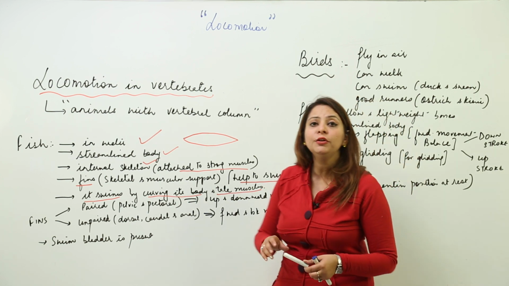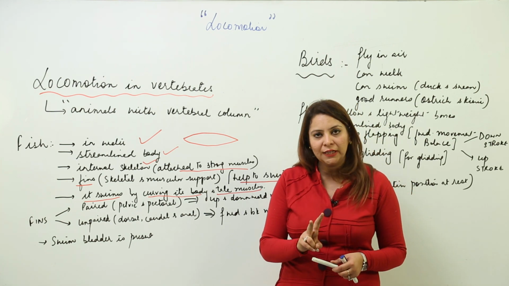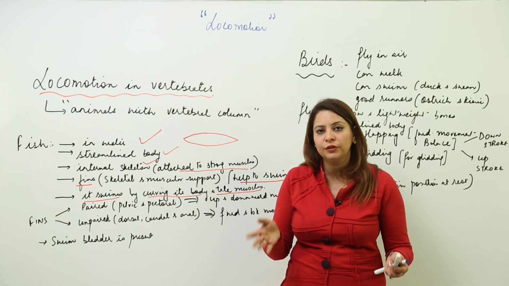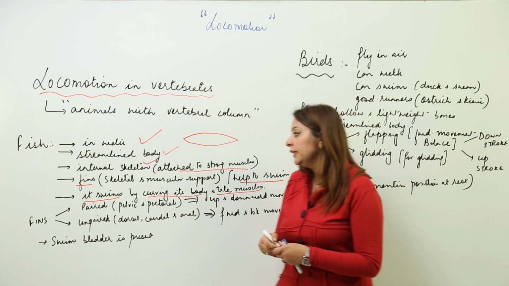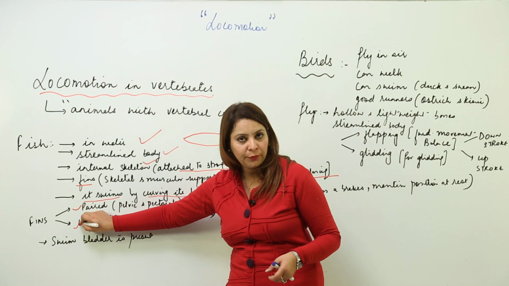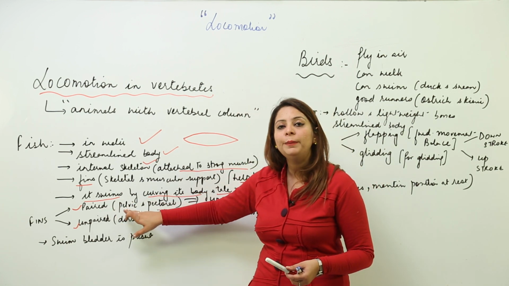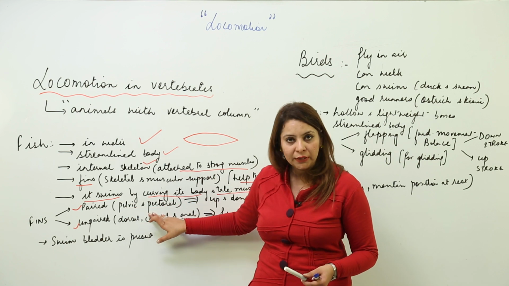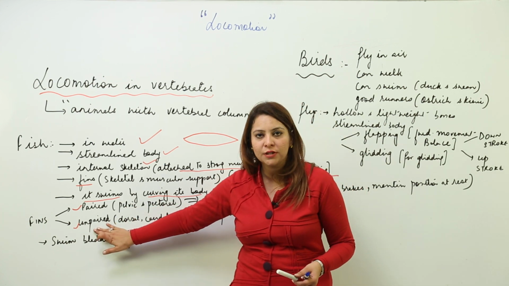And if we talk about the fins, they have been classified into two categories. Though they have different kinds of fins, the basic categories are of two types, paired and unpaired, and they are meant for special kinds of movements. Paired fins, like pelvic and pectoral, and dorsal, caudal and anal are unpaired fins.